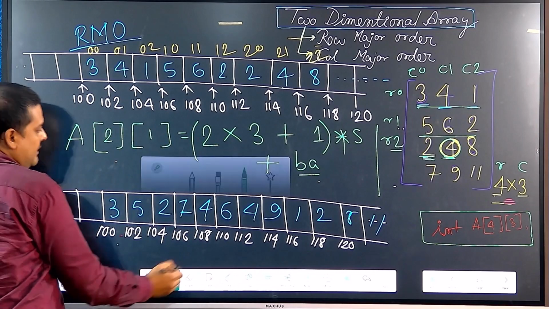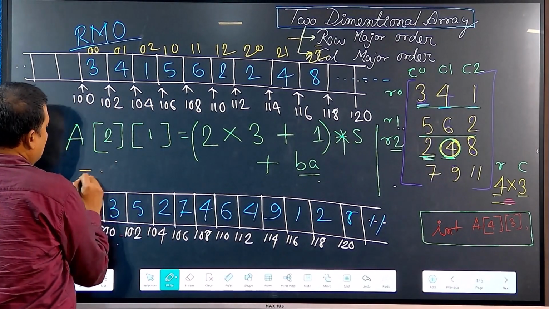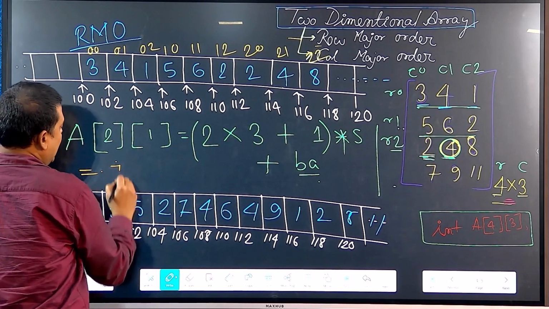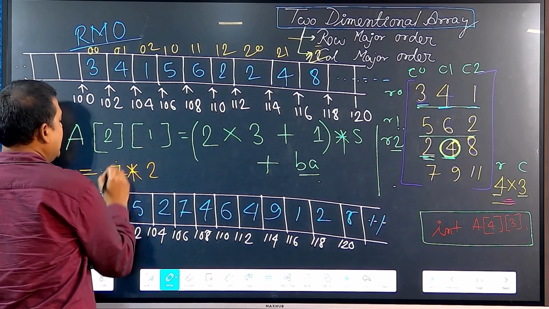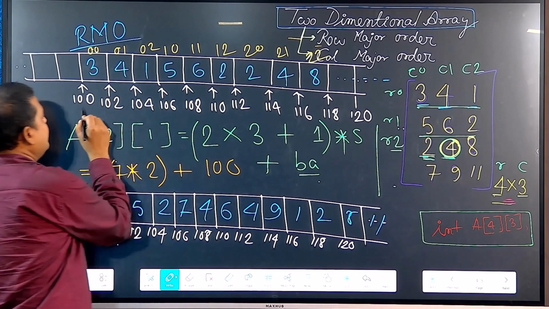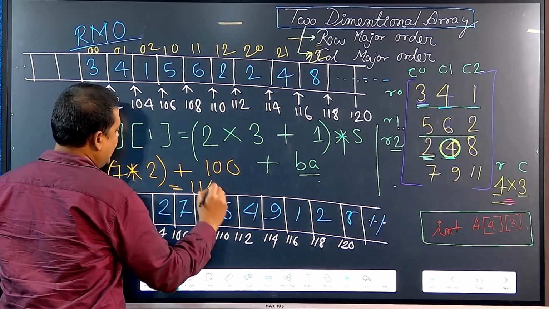Now let us calculate this. Have a look. 3 times 2 is 6, plus 1 is 7, into S. 7 into S, where S is 2, as an integer occupies 2 bytes of memory. So it is 14, plus the base address, which is 100 here, as I have started from 100. So it will be 114.